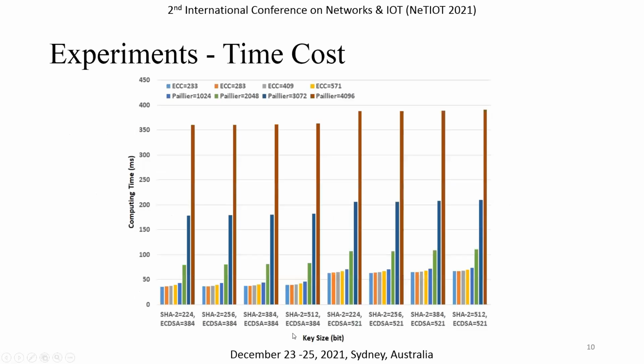This is the result you can see here. We have the combination of SHA-2 and ECDSA, so we have 8 cases, and in each case we run the experiment for 8 sub-cases for ECC with different key sizes and RSA with different key sizes.